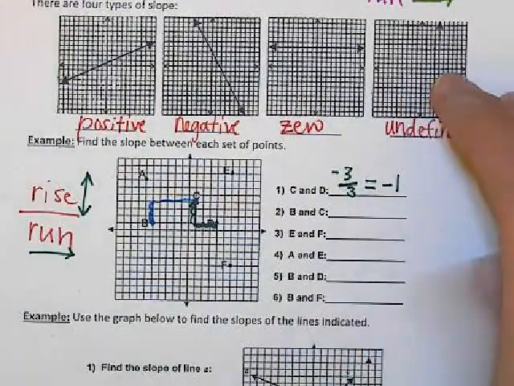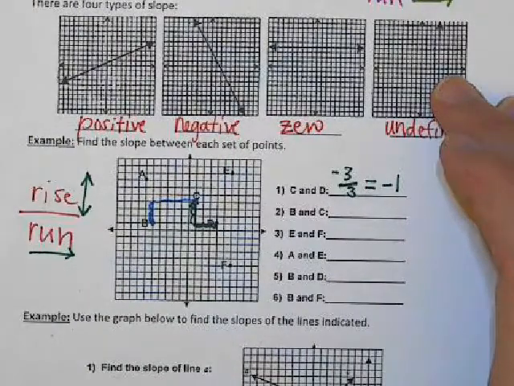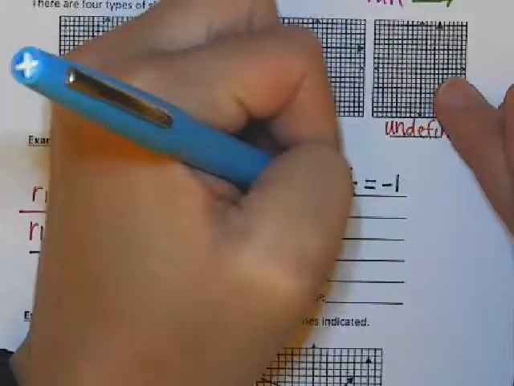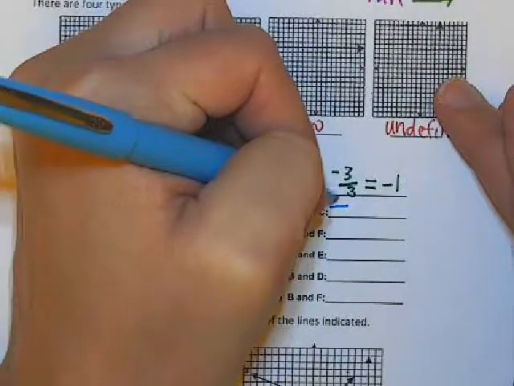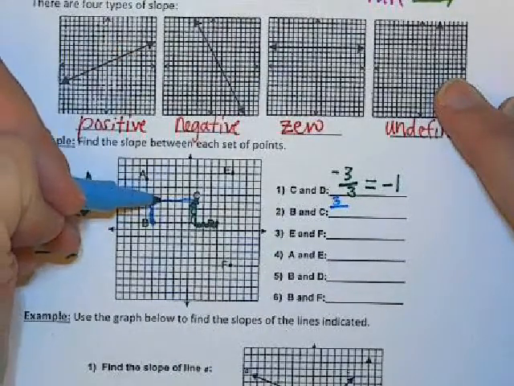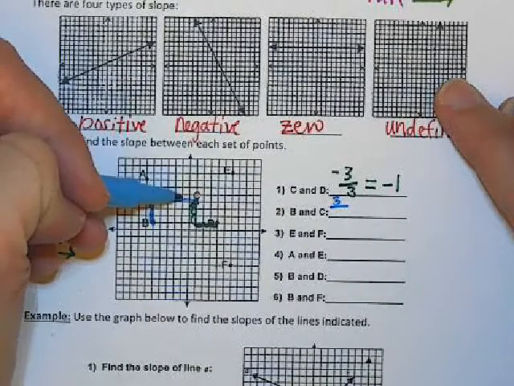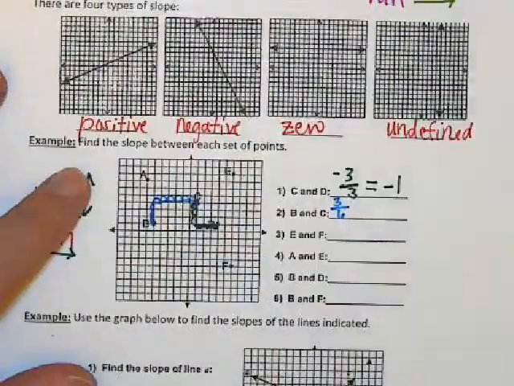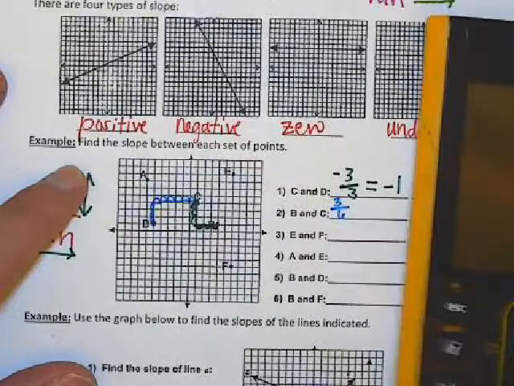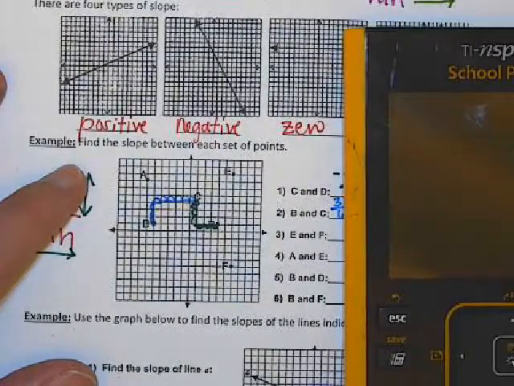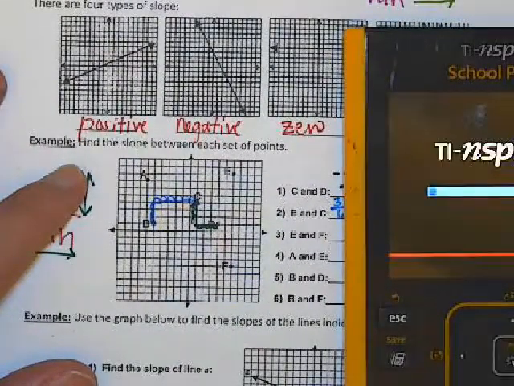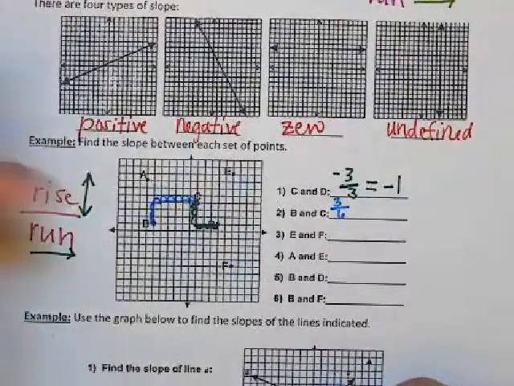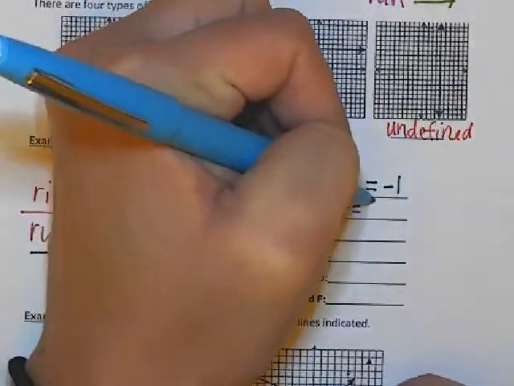Is that positive or negative? Positive, because I go up. You should be writing with me. So +3. And then I'm going to run 1, 2, 3, 4, 5, 6. 3 over 6. Then you can put that in your calculator and see if it reduces. 3 divided by 6 is 1/2.